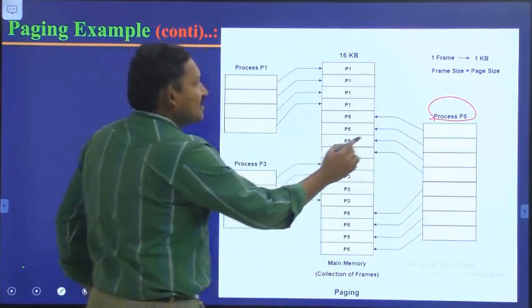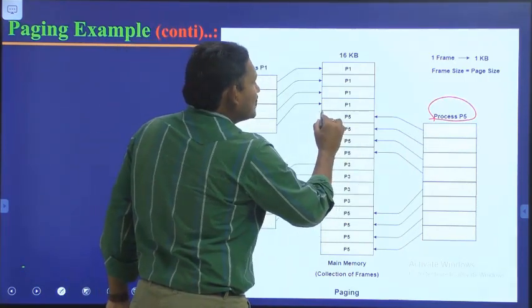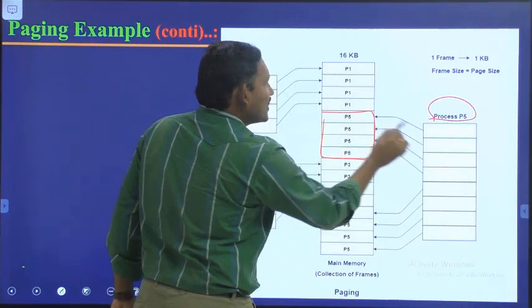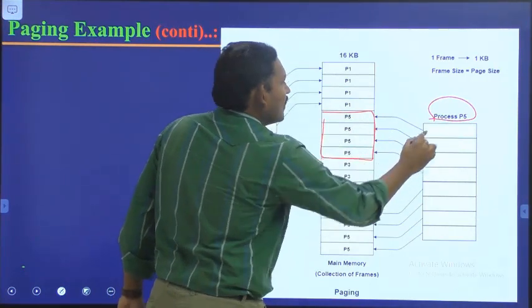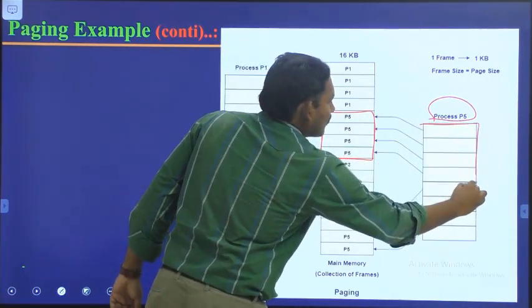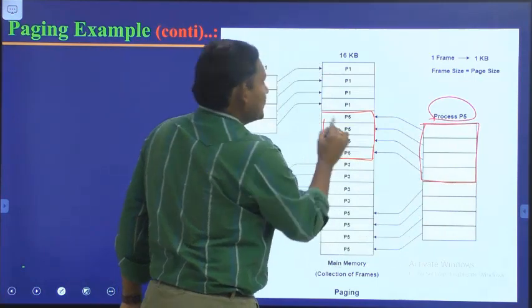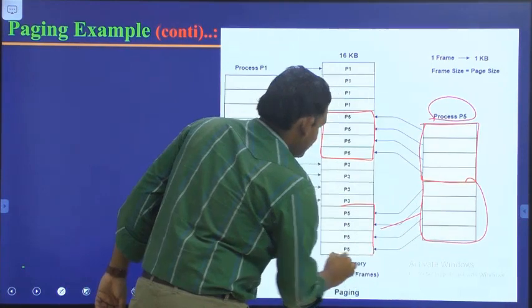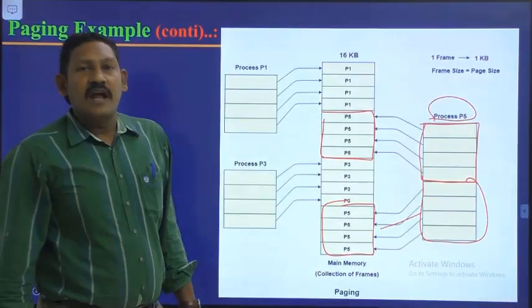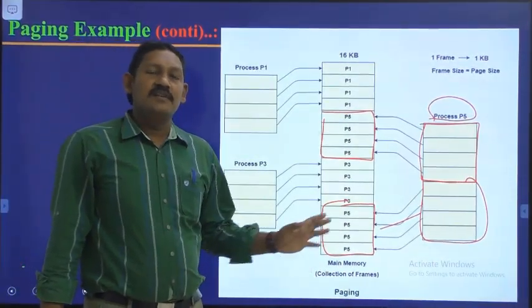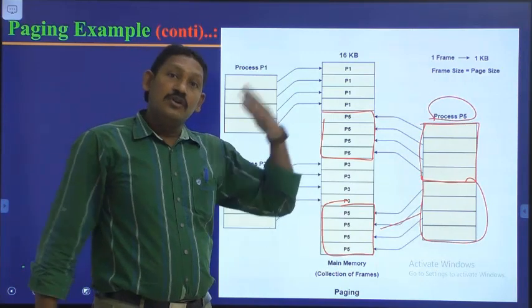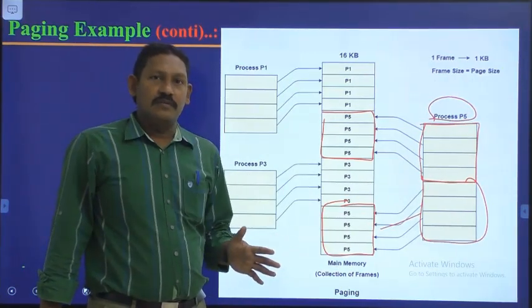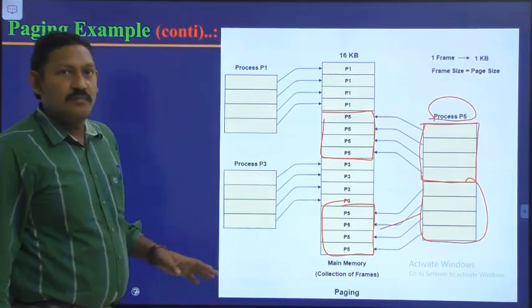In those 8 empty spaces, the first 4 of process P5 are placed here, and the remaining 4 placed here. We will identify the empty space and fill it with new processes which are to be executed. Okay, this is the way we do paging.